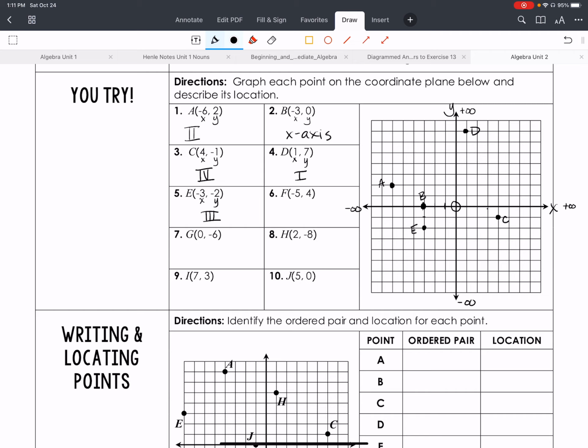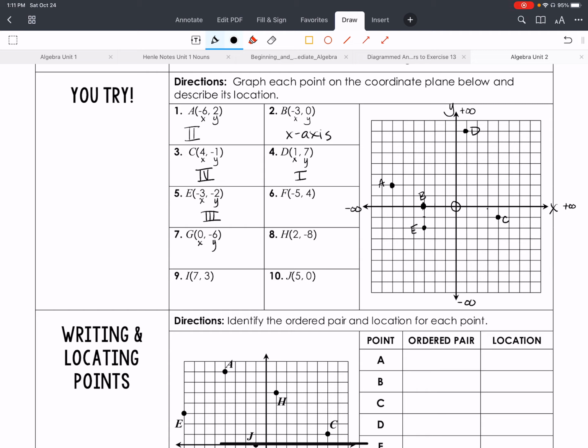All right, so we've graphed a point in each quadrant now. I want to do one that's going to be located on the y-axis. So please take a look at number 7. Number 7 is point G. Here's its x-coordinate. Here's its y-coordinate. Its x-coordinate is 0, which means I don't move anywhere; I'm still going to be sitting at that origin.